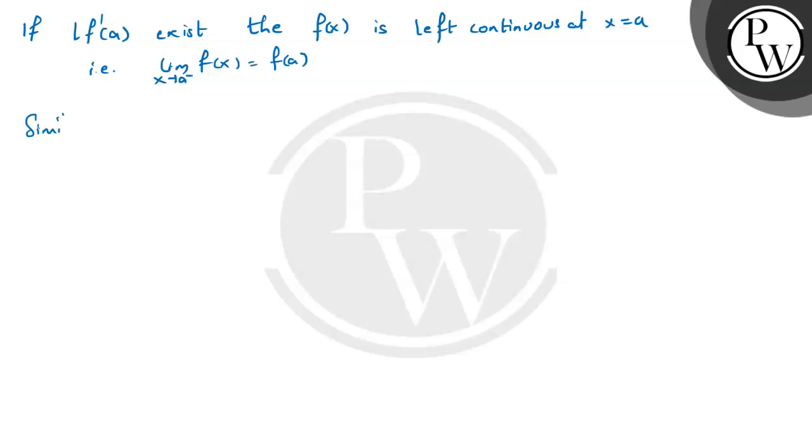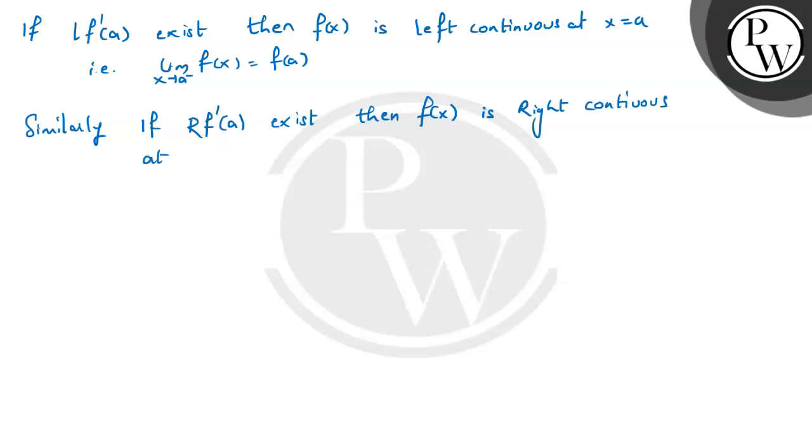Similarly, we can prove that if the right hand derivative of function f at a exists, then f(x) is right continuous at x equals a. That is, the limit as x tends to a plus of f(x) is equal to f(a). Let's call this 1 and this 2.